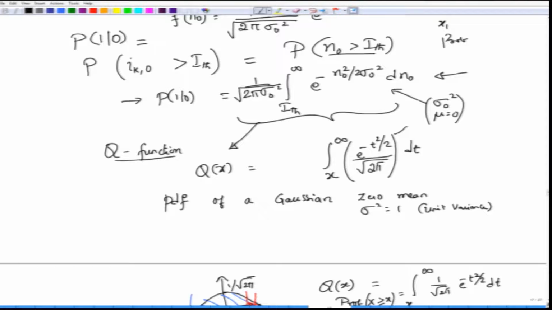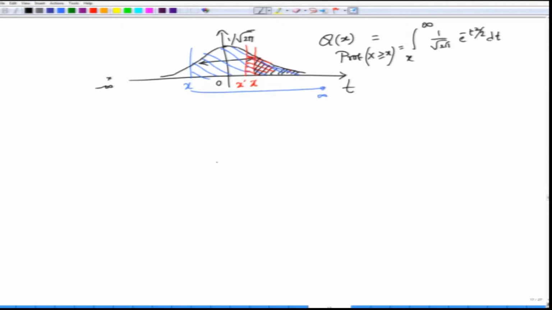To do that, I need to just change the variables of the integral, okay. So if I change the variables out here and normalize this one, then we will be able to put this expression P of 1 given 0 in terms of the Q function. So let us do that. I will do this as an exercise for n0 and I will leave this as an exercise for n1 when we get to the discussion on n1, okay.